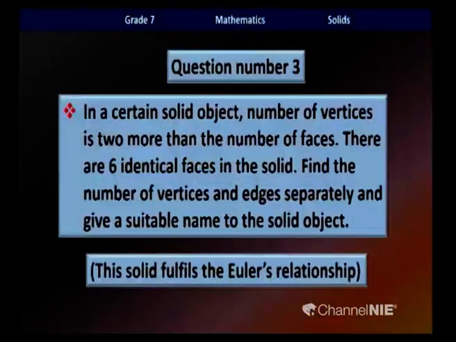Right. Now, they say there are 6 identical faces. So, we know the number of faces, that is 6, and then they say the number of vertices is 2 more than the number of faces. Therefore, the number of vertices should be 6 plus 2, that is 8. Right.